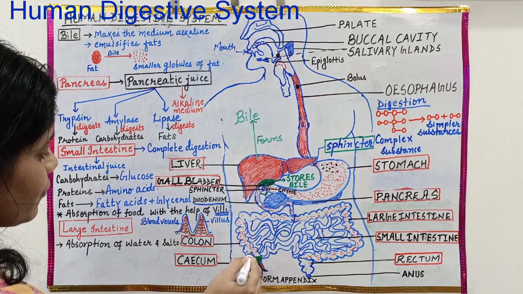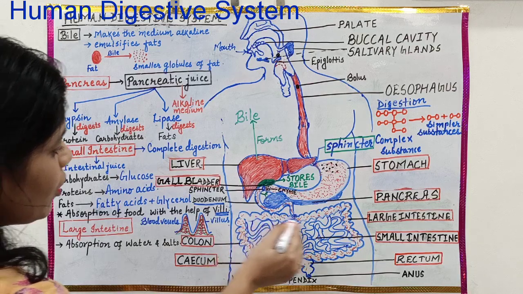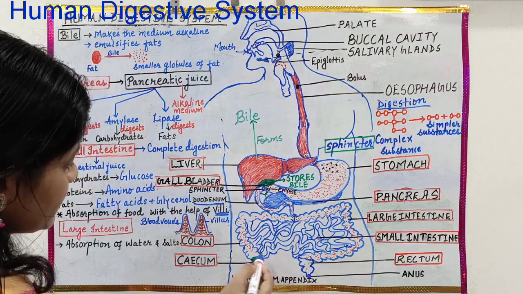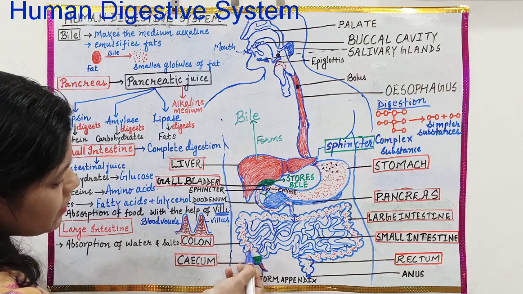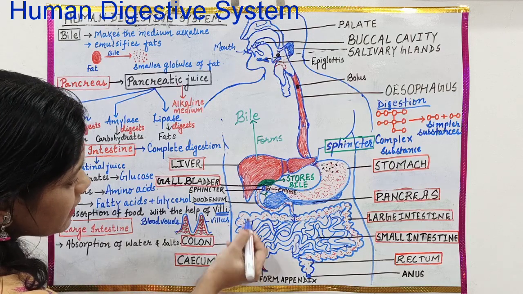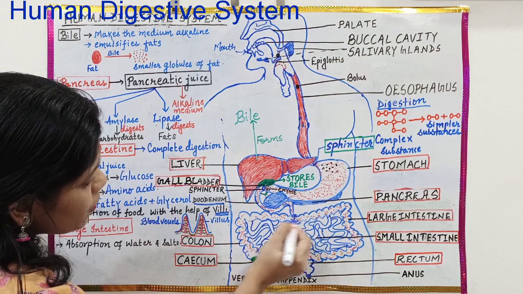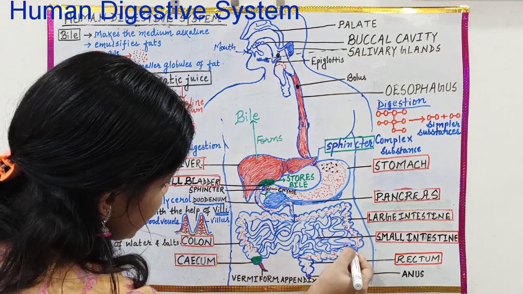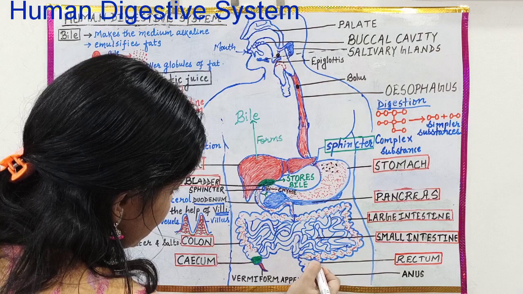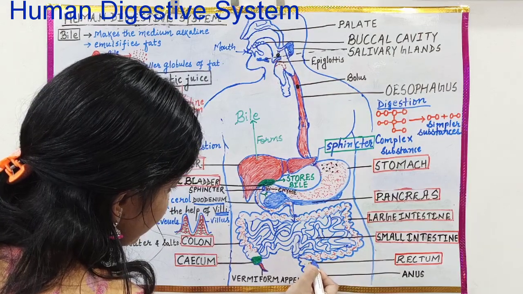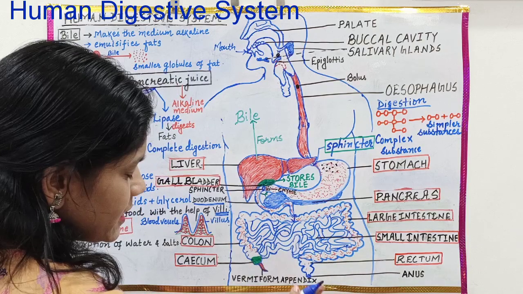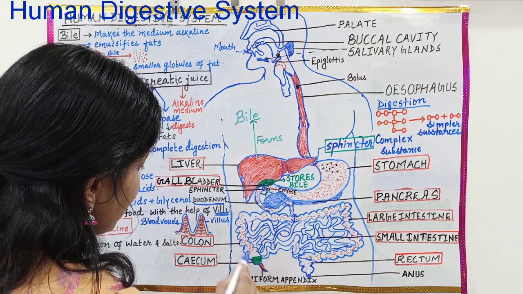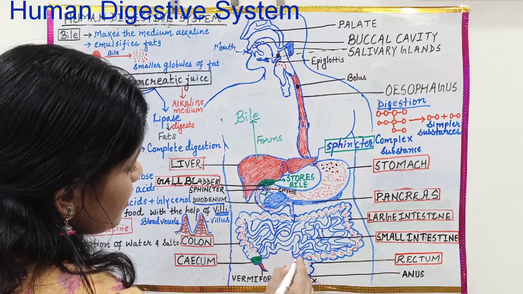From the cecum, the food moves to the colon. The colon may be divided into different parts. This is called the ascending colon, because the food has to ascend in this part. This is called the transverse colon. This is called the descending colon, and this part is called the sigmoid colon. So the large intestine may be divided into the cecum, colon and rectum.